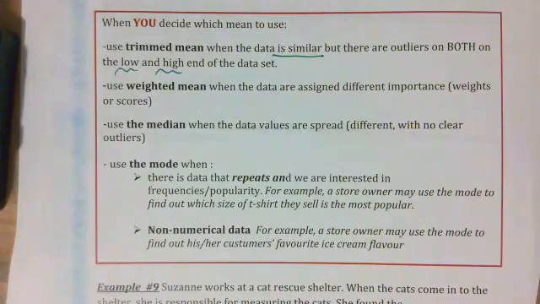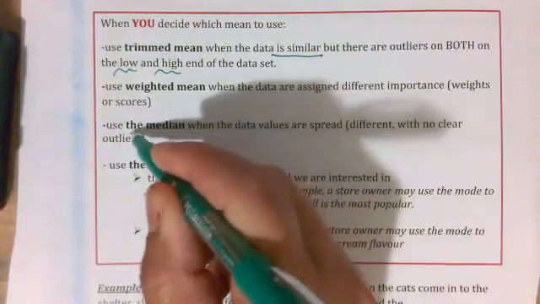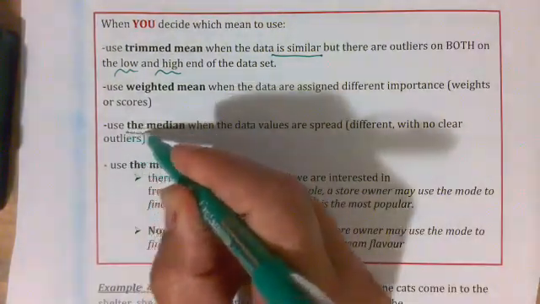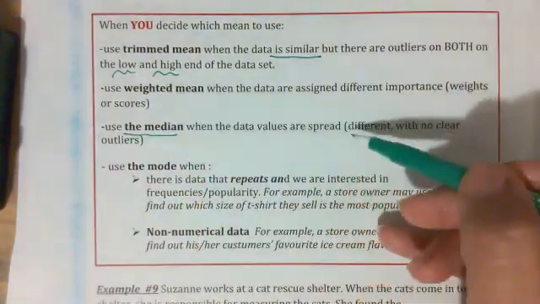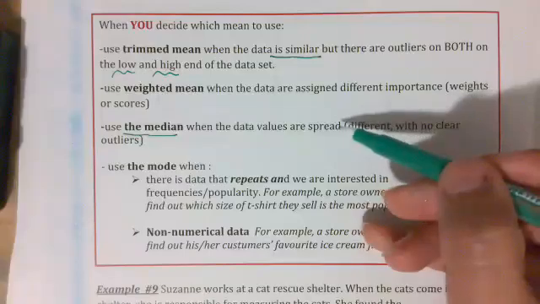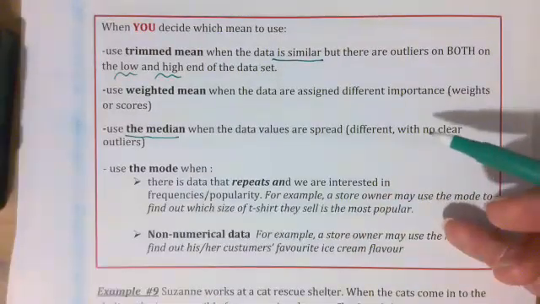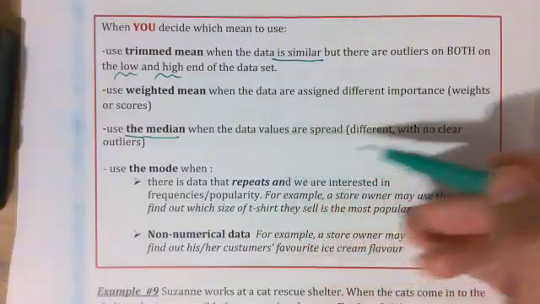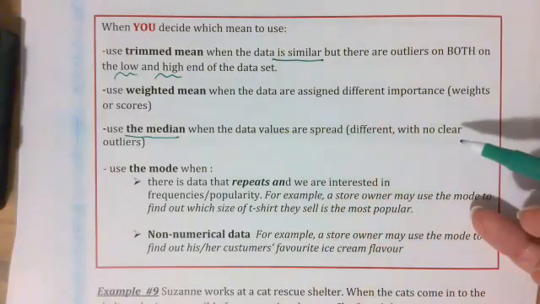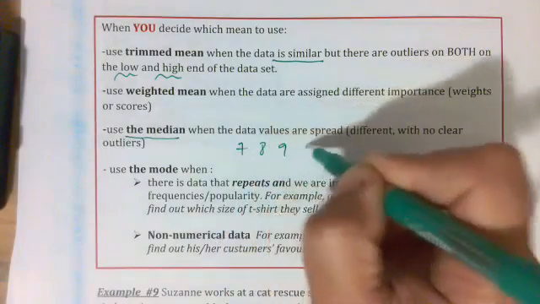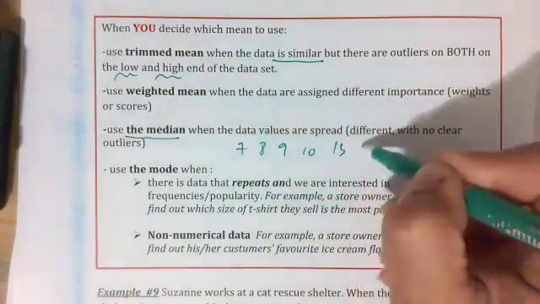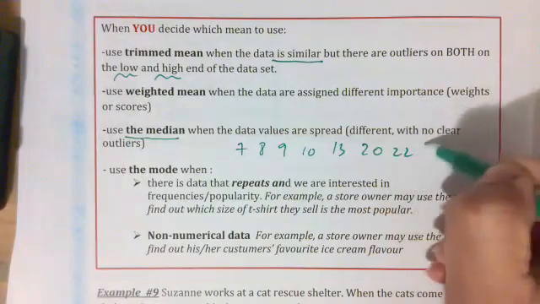We're going to use the median. This probably is, from my experience with my students, the hardest one to spot, when the data values are spread. Okay, what does it mean to be spread? So they're very different from one another. You can think about them as being in an increasing trend or a decreasing trend. So something like this, like 7, 8, 9, 10, 13, 20, 22, 25, right?